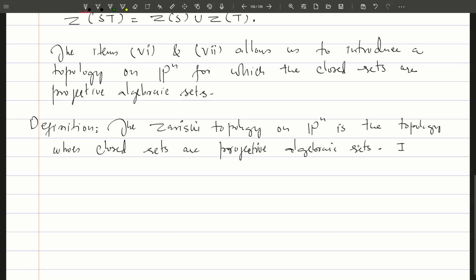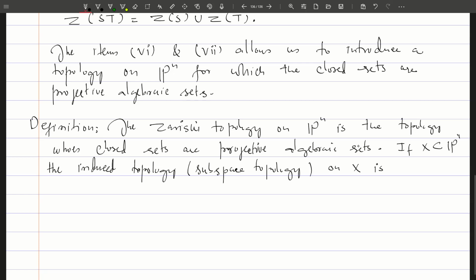So now if X is any subset of Pn, then the induced topology, which is the same as the subspace topology on X, is called the Zariski topology on X.